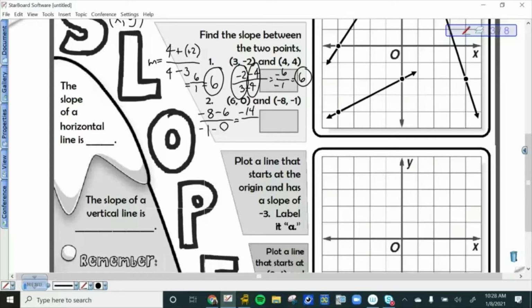If you owe your friend $1, you have negative $1. But if you don't owe them anything else, then you still owe them negative $1, right? Just negative 1. If you subtract 0 from something, it doesn't change the value of it. So I have negative 14 divided by negative 1.